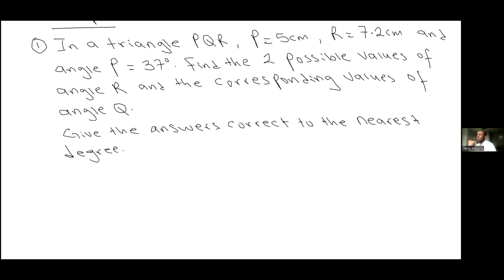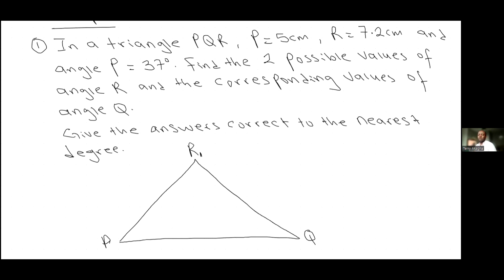We're told that angle R has two possible values, similar to what we talked about. So this is going to be angle P, Q, and R, but R has two possible values, so we're going to call this R1.